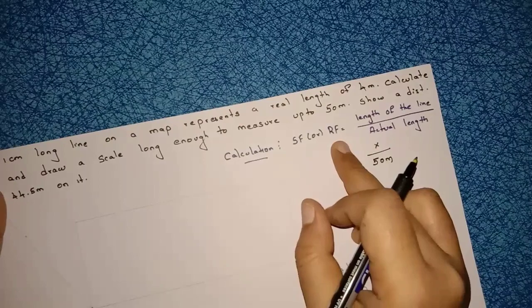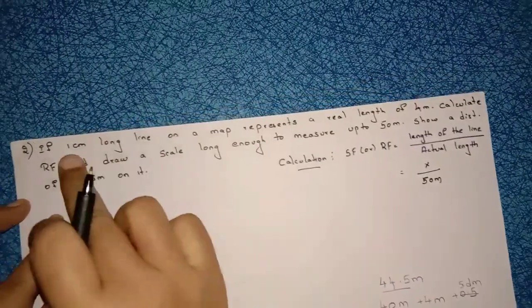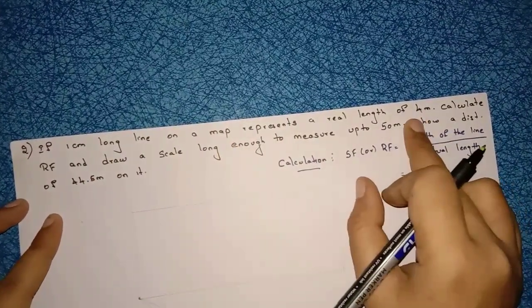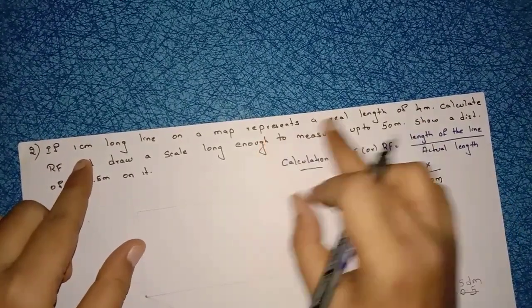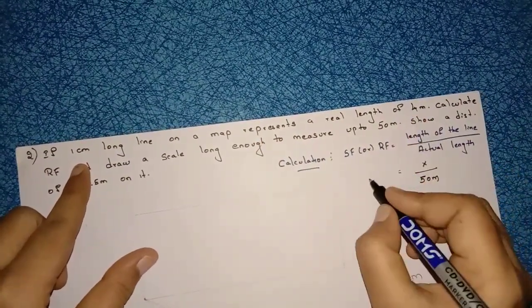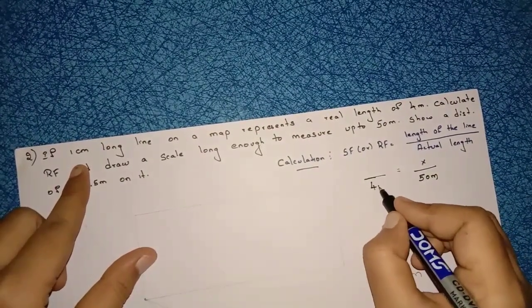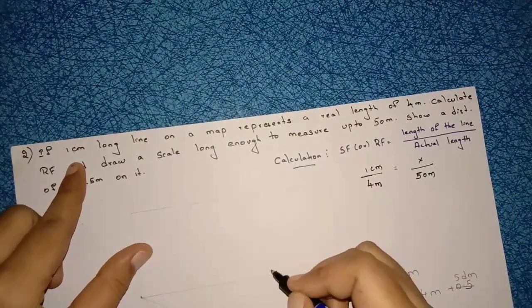Now coming to SF or RF value, it will always be in terms of numerator and denominator. So 1 centimeter line on a map representing 4 meters. So numerator by denominator. In the denominator you should always write the larger value when compared to the numerator. Right?